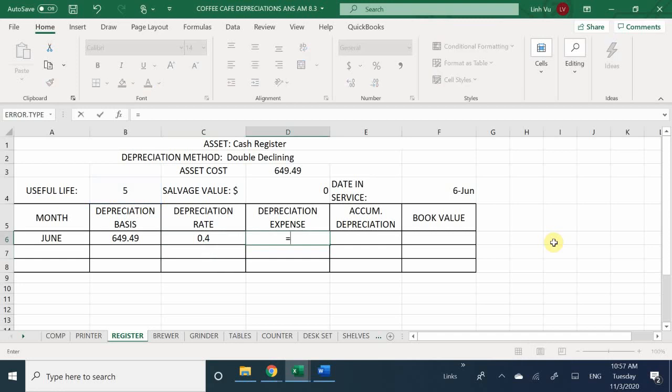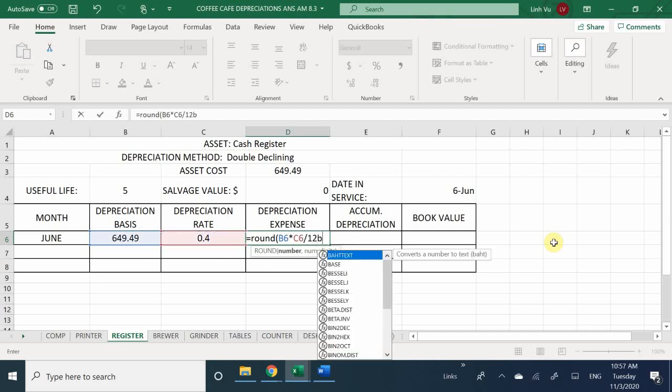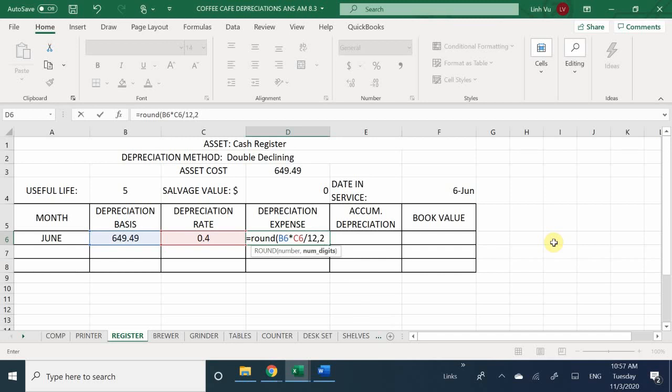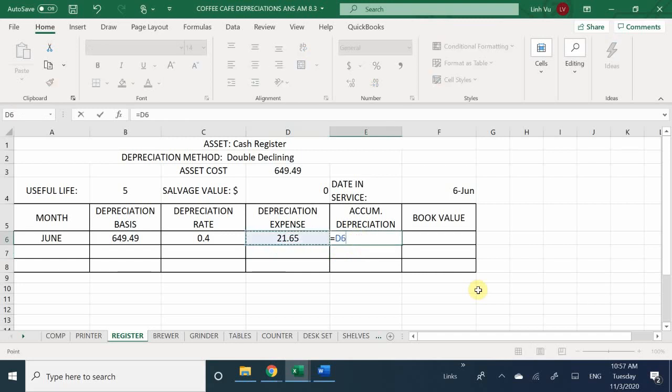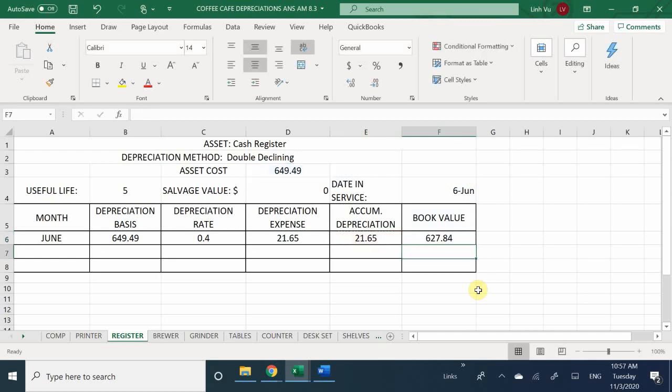And what's my depreciation expense going to be for the month of June? 21.65, making that our accumulated depreciation. So what is my new book value? 627.84. Okay, good. All right, so there we go.